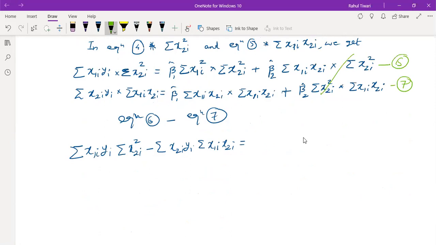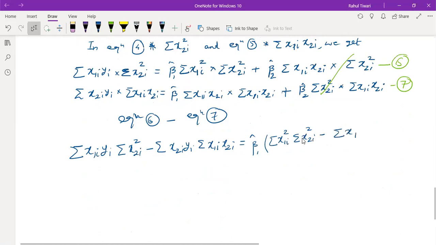Correct? Now the remaining is this much. If I take beta 1 hat common, beta 1 hat is equal to summation x1I square summation x2I square minus summation x1I x2I whole square, right?